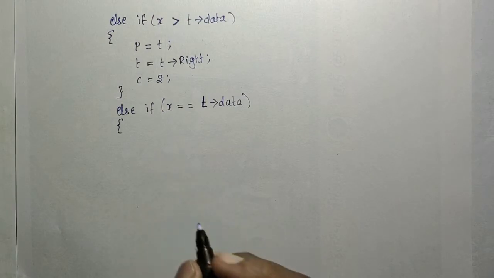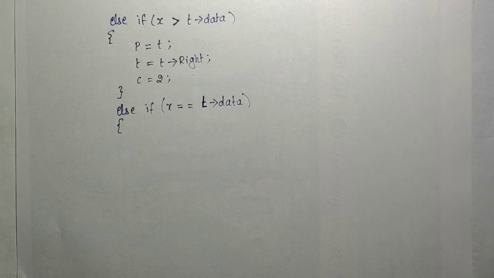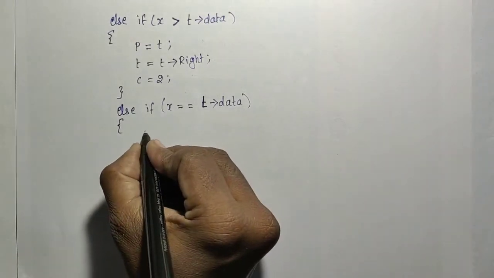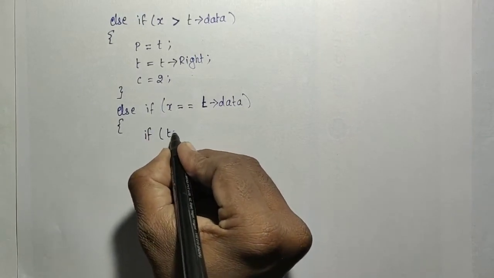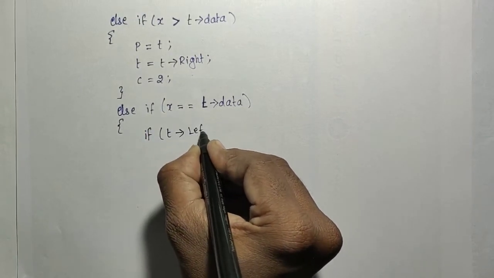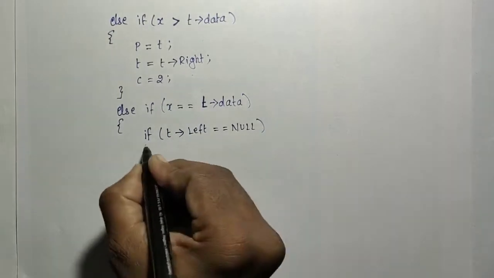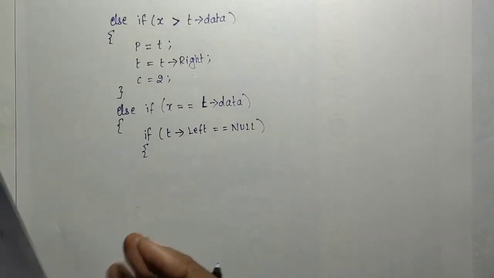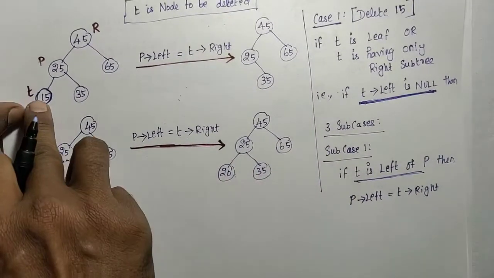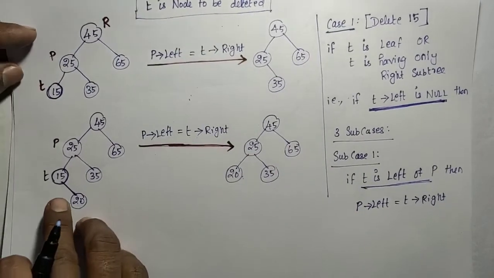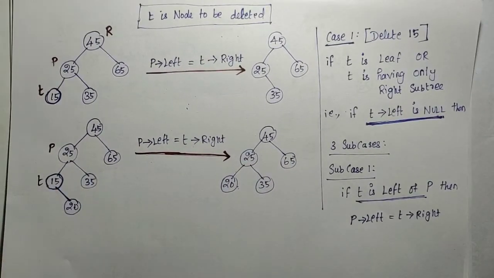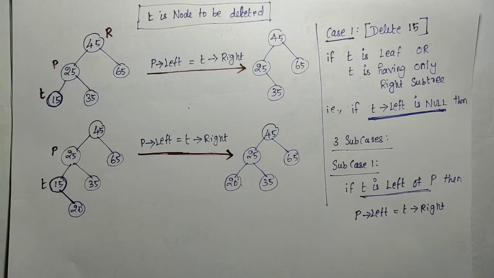If the left of the t is null, that is case 1, that is if t of left is equal to null. So in this case 1 itself we have the 3 situations.